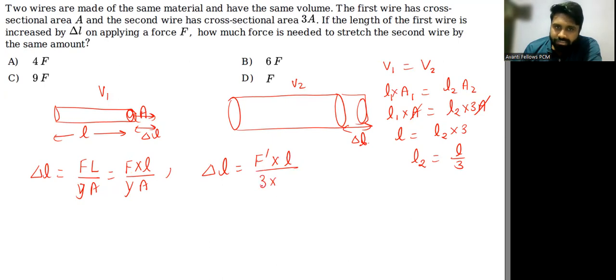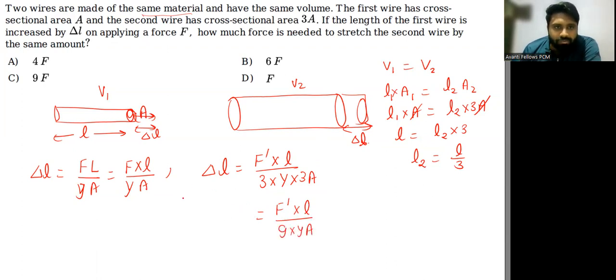I have taken it in the denominator. Into Y, I have put the same Y because the same material is there, and Y is the property of the material. Now the area is thrice of it. So delta L here is F dash into L divided by 9 times Y into A.